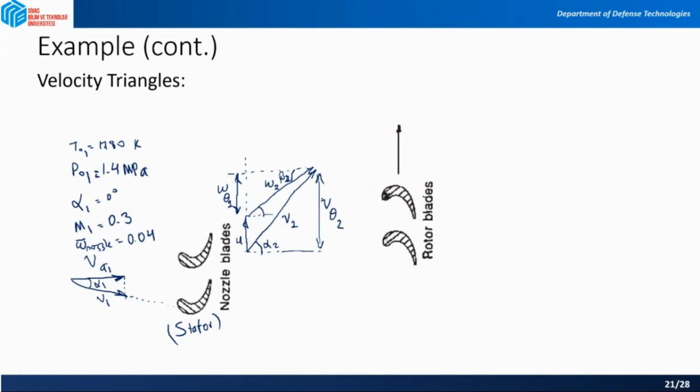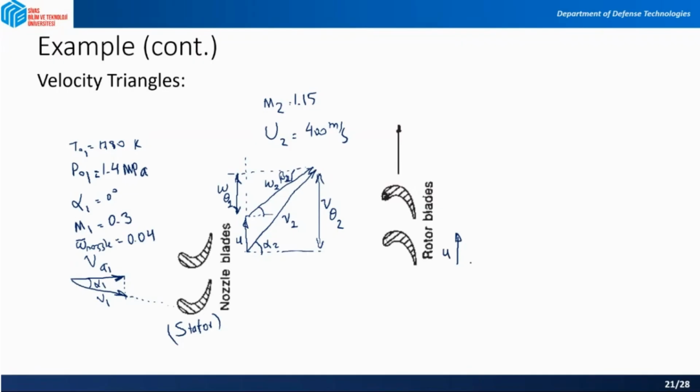And what else we have here? We have Mach number. The question is giving Mach number equal to 1.15, and your U velocity is 400 meters per second. And again, at the exit of the rotor, you will have again your U velocity.